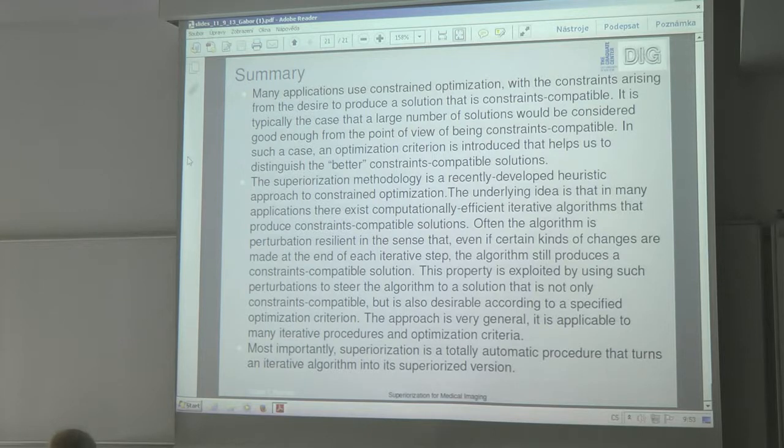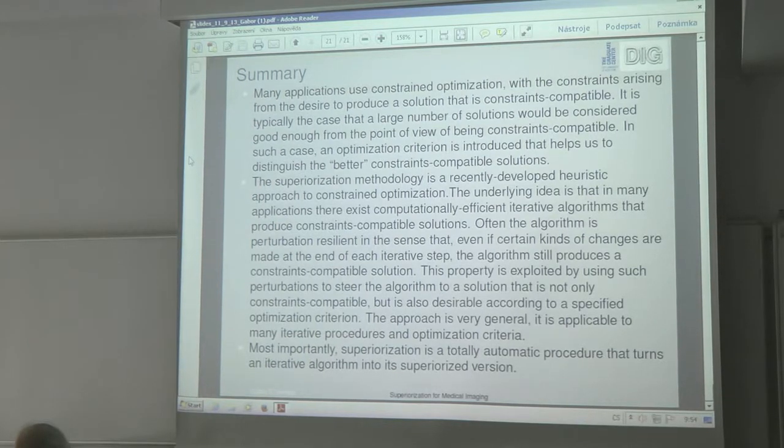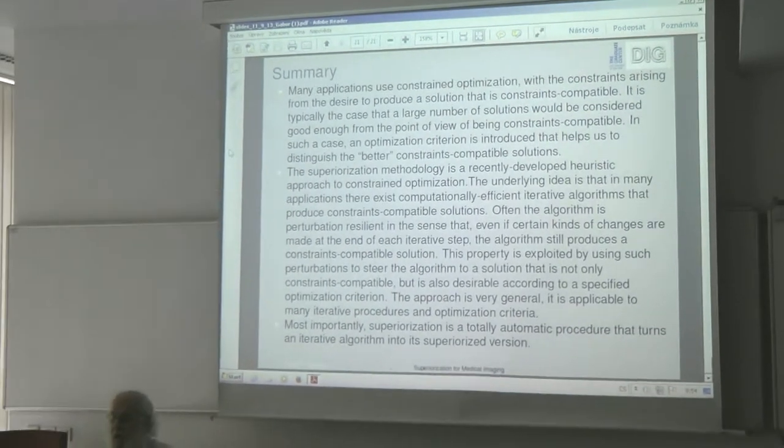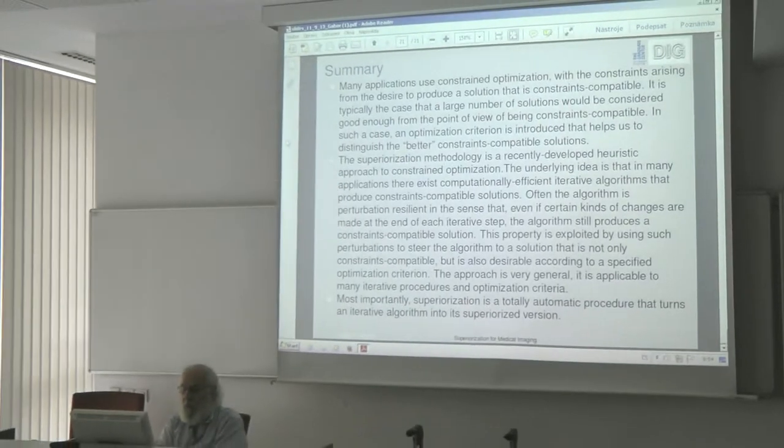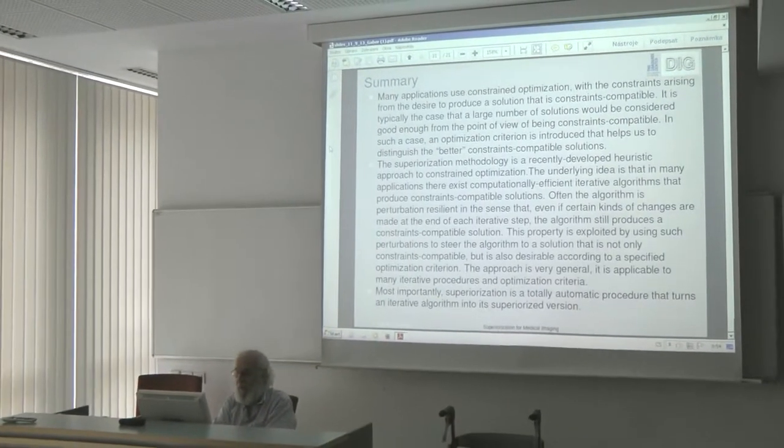To summarize, many applications use constraint optimization with the constraints arising from the desire to produce a solution that is constraint compatible. It is typically the case that a large number of solutions could be considered good enough from the point of view of being constraints compatible, and in such a case an optimization criterion is introduced that helps us to distinguish the better constraint compatible solutions. The superiorization methodology is a recently developed heuristic approach to constraint optimization.